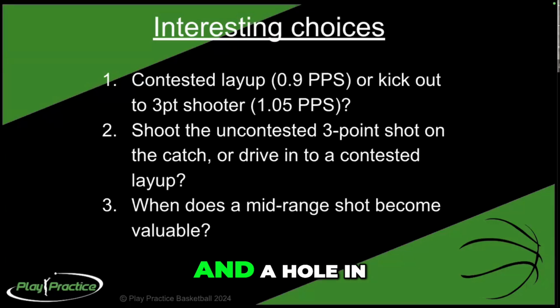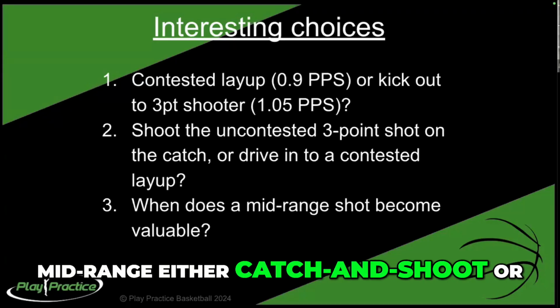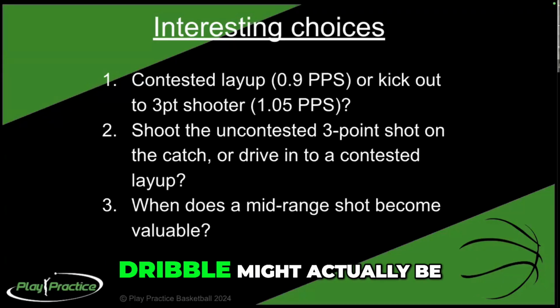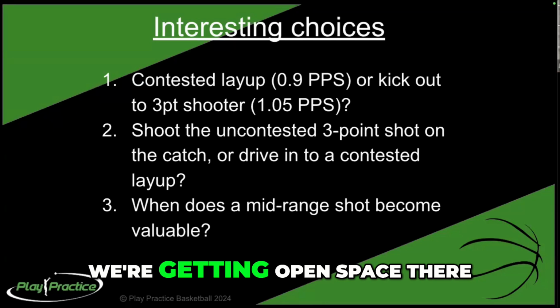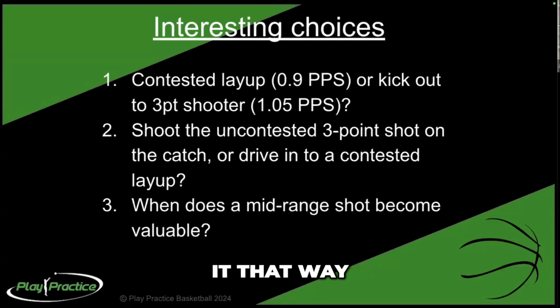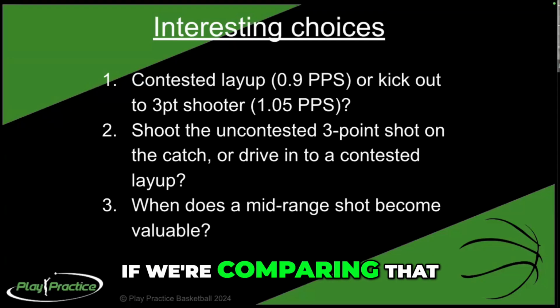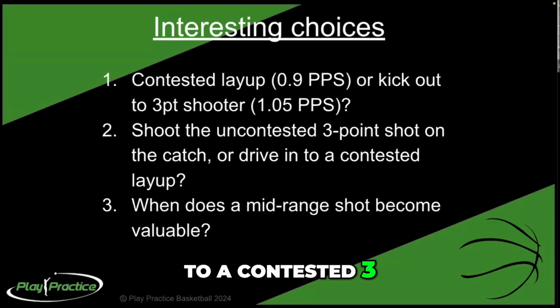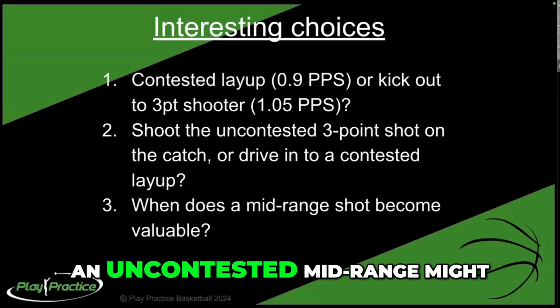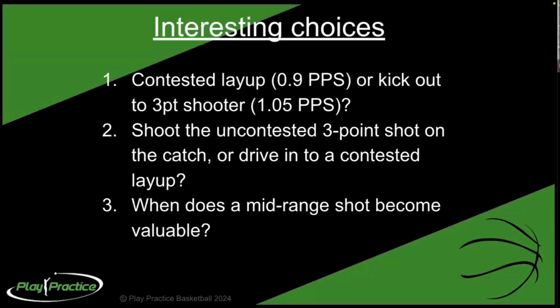Suddenly there's a pocket and a hole in the defense where a mid-range shot, either catch and shoot or a pull-up off the dribble, might actually be our best shot. We're getting open space there between the two lines of defense, if you think about it that way, where a mid-range shot can be really effective. And if we're comparing that to a contested three or a contested layup, an uncontested mid-range might be our highest points-per-shot value at that point.